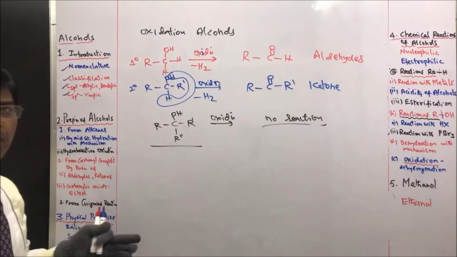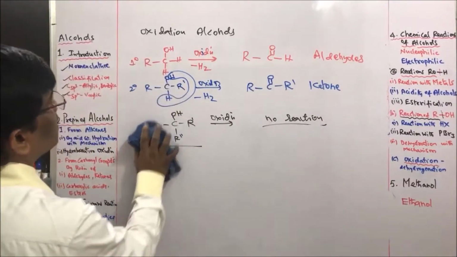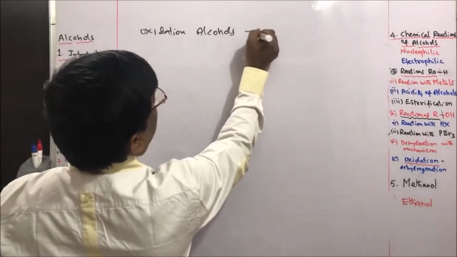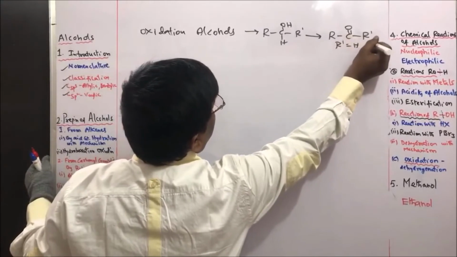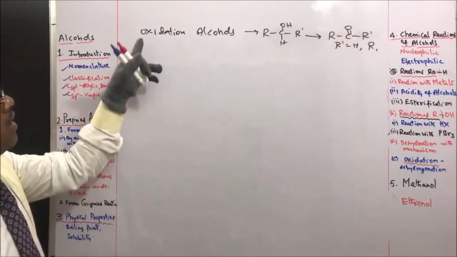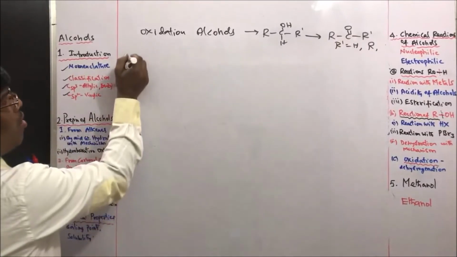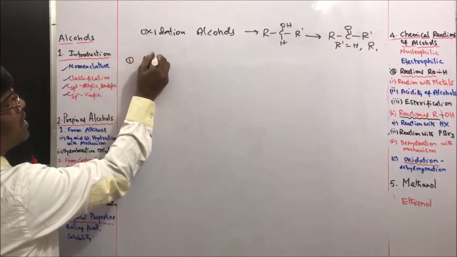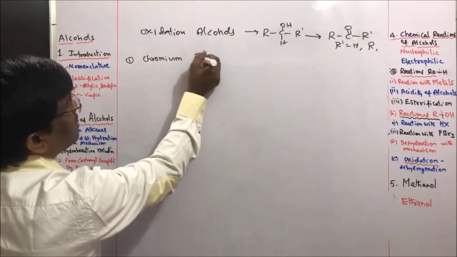Yes, students. So what are the common reagents available for the oxidation of alcohols? R can be hydrogen, or alkyl, or an R group. Oxidation of alcohols can be done by chromium 6 complexes. The chromium reagents are chromium 6 compounds.